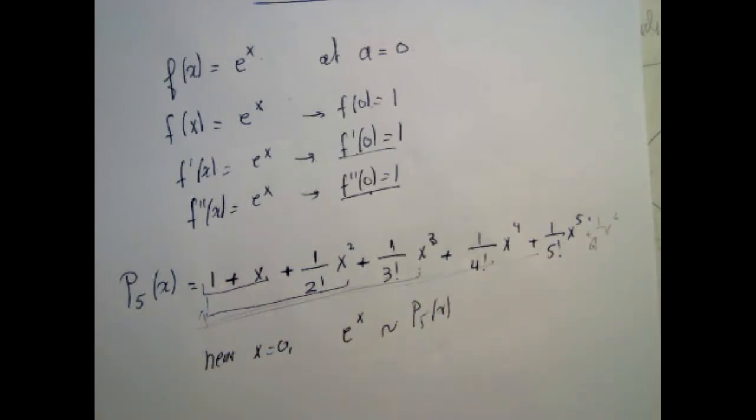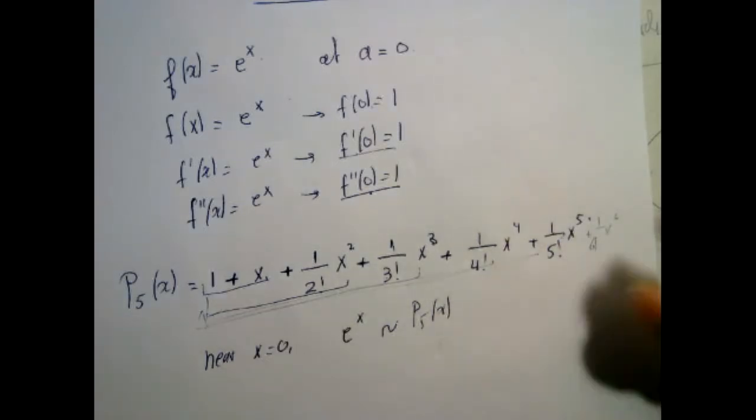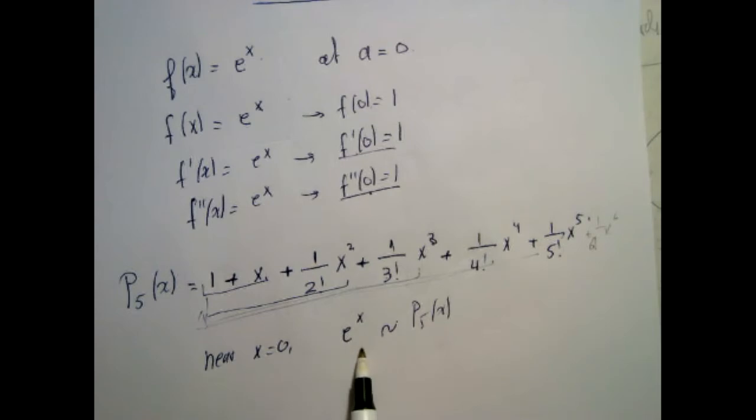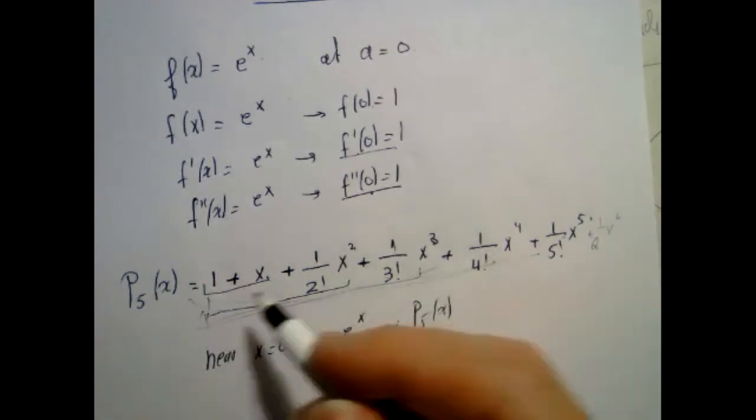This is a polynomial, and if I take more and more terms, I get a better and better approximation. So this is going to motivate the idea of a polynomial, if you want, of infinite degree. The more terms I take, the better the approximation.